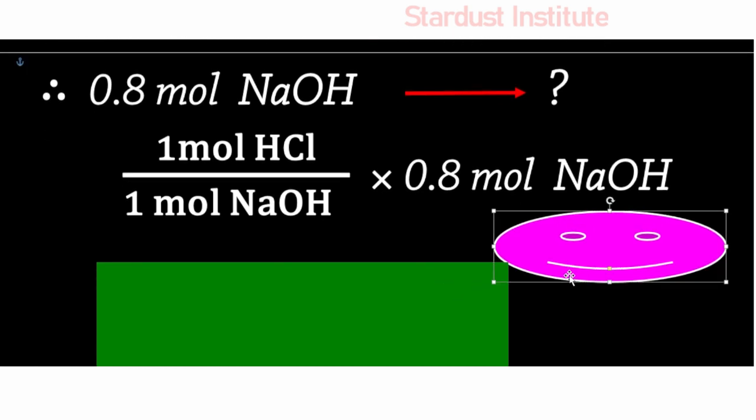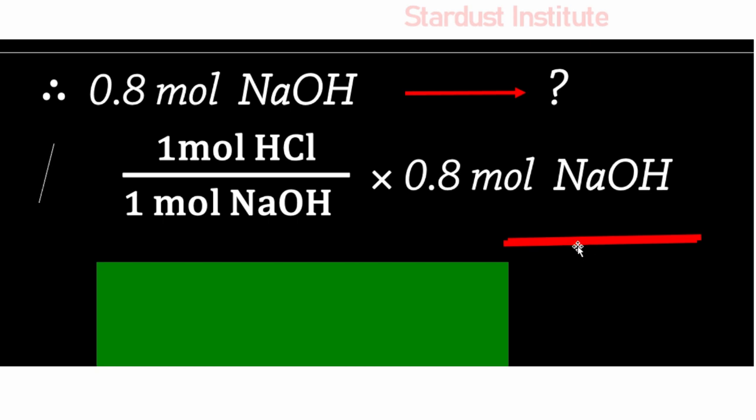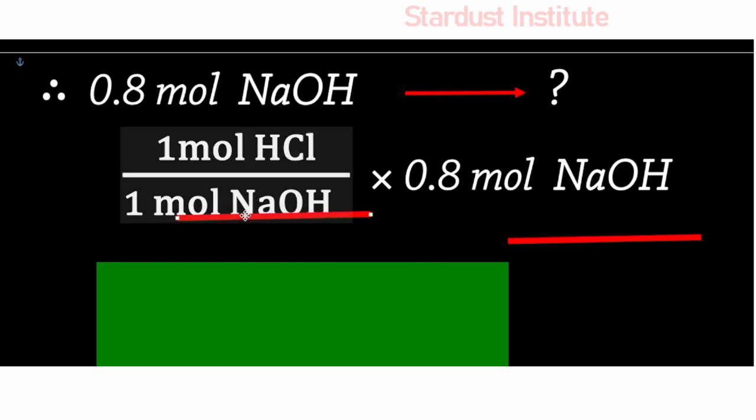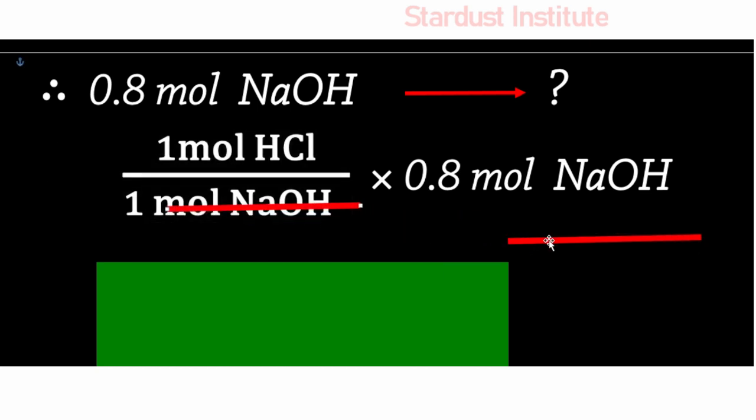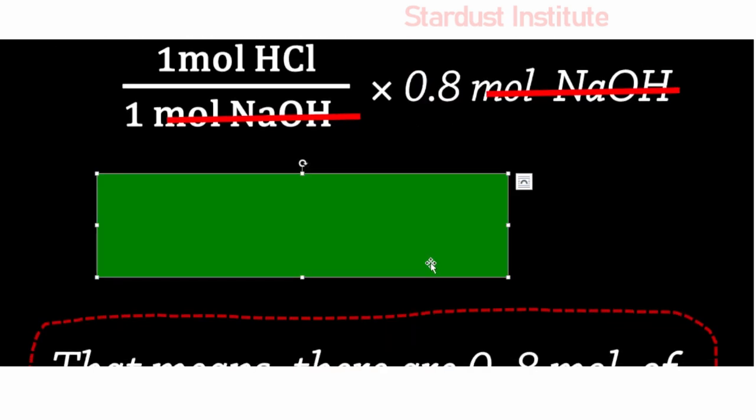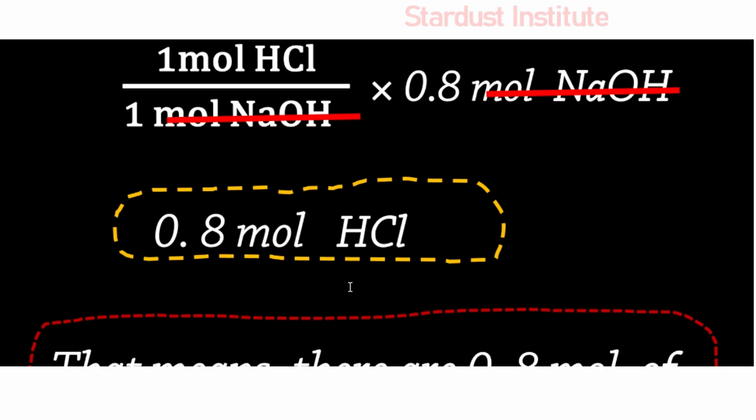We should cancel out units. Mole sodium hydroxide, mole sodium hydroxide. Now we get 0.8 moles of HCl.